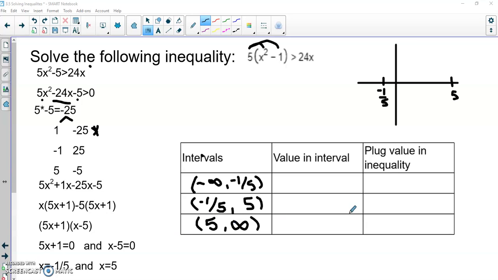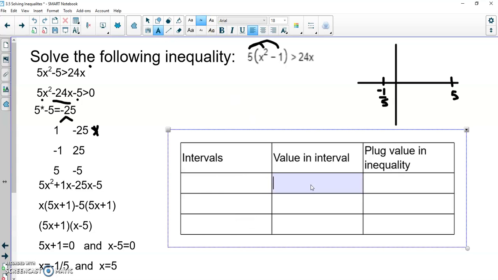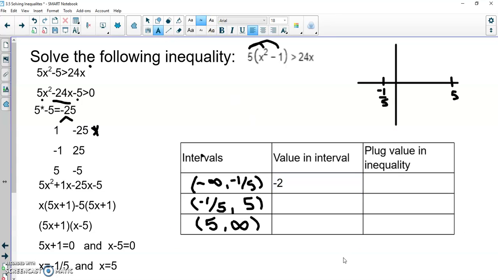The next thing I want to do is find a value in each of these intervals. So if I'm looking at the interval from -∞ to -1/5, I can choose any value in there. It could be -1,000,000, it could be -330,001, it could be -10.5, it could be -6, it does not matter. But to make my life easy, I'm going to choose a value of -2.